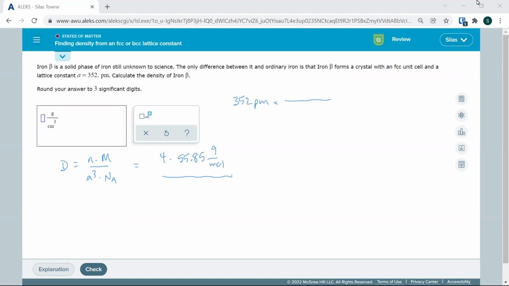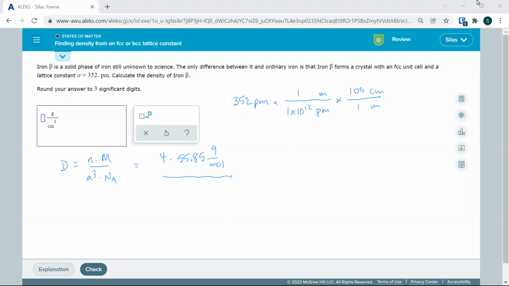I don't know the conversion from picometers to centimeters, so I'm going to go out of picometers into meters and then out of meters into centimeters. I know this is 100. I know that for every 1, there is 1 times 10 to the 12th picometers. So we got to do this conversion, and then we will cube it to get that centimeters cubed.